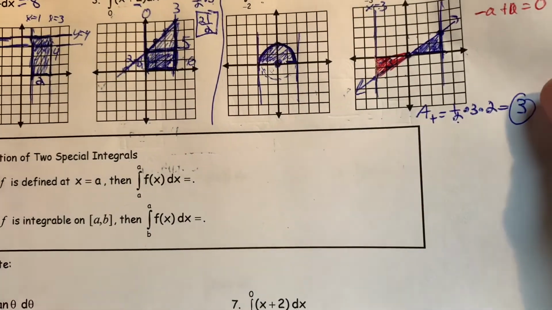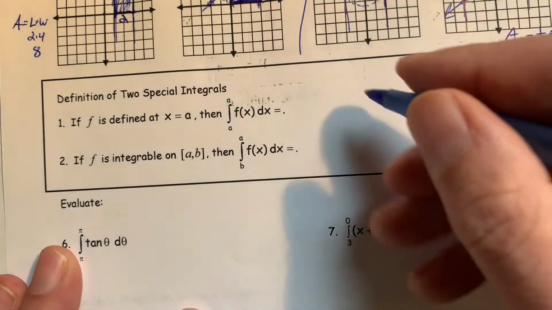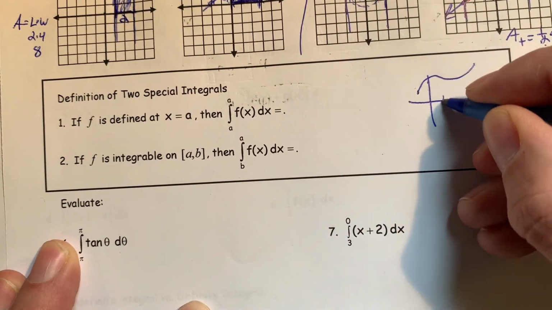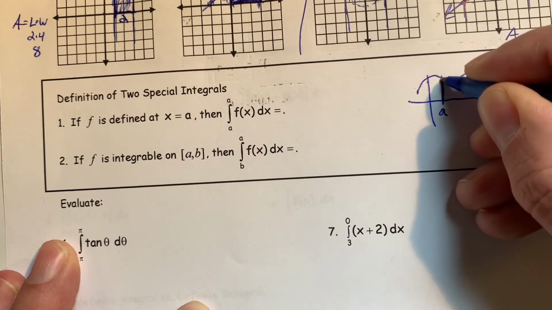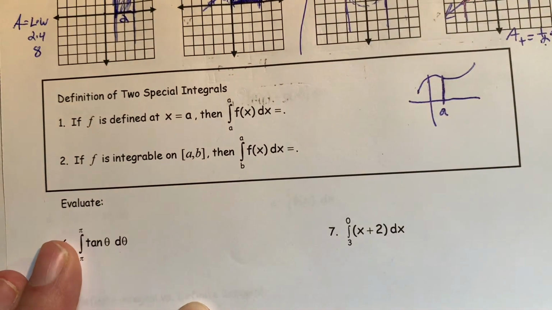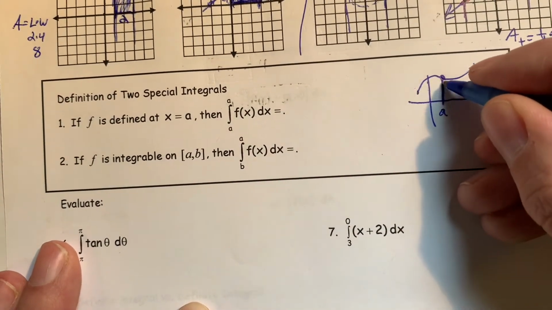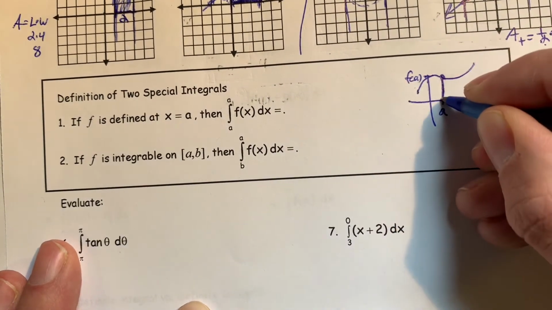Okay, there are 2 special integral properties we want to know. The first one is kind of obvious. It says, hey, you've got a function, and you go from A to A. How much area is this? The answer is, you can think of it like a rectangle with a height of f of A, but a width of 0.